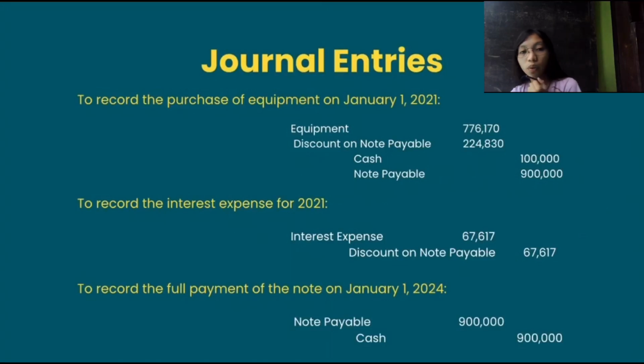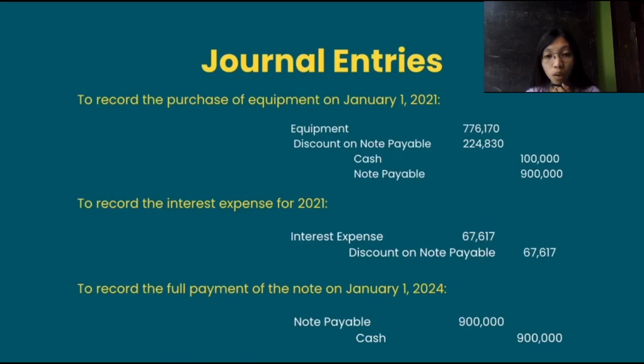So here we have our journal entries. First is to record the purchase of equipment on January 1, 2021. We have to debit equipment, which is 776,170. Debit discount on note payable, 223,830. And credit cash, kato imong down payment, which is 100,000.